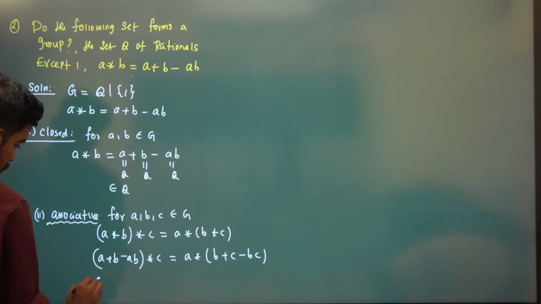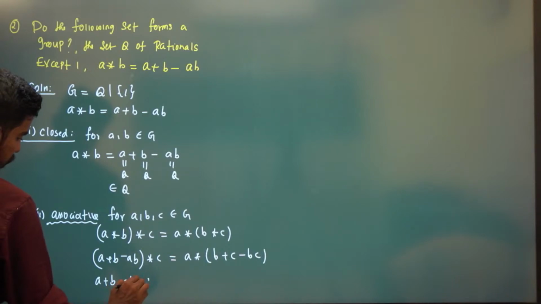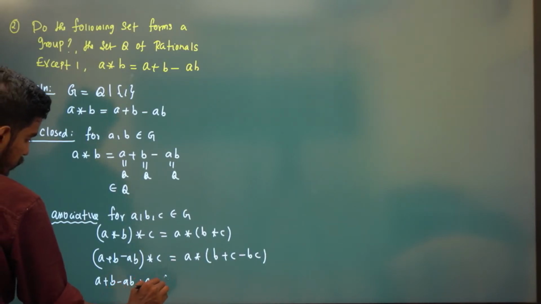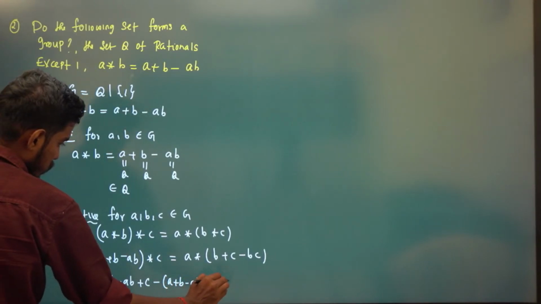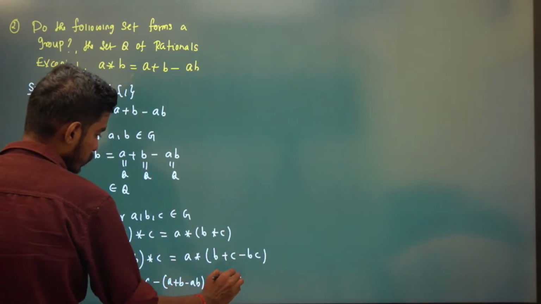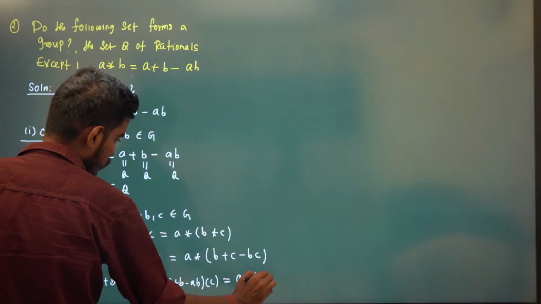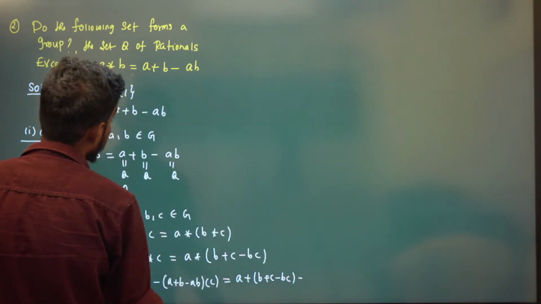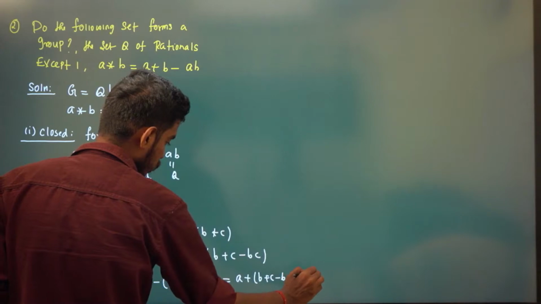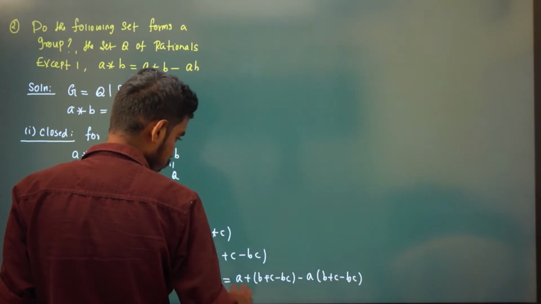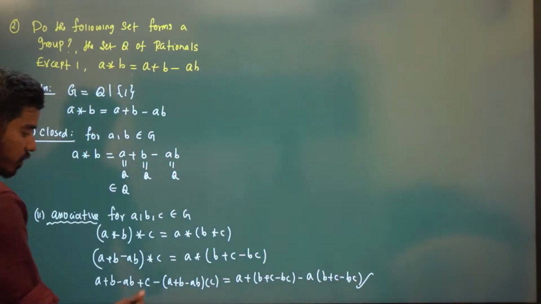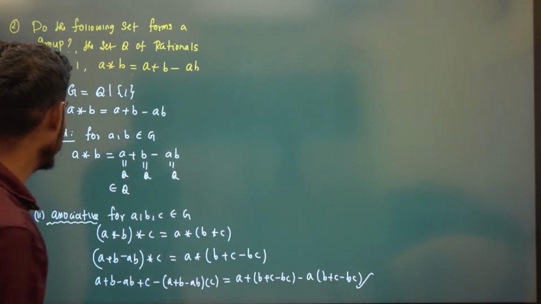So A plus B minus AB. This into this is A plus B minus AB. So you can simplify this. These two will be equal. Right? You can simplify these two sides. These two will be equal.